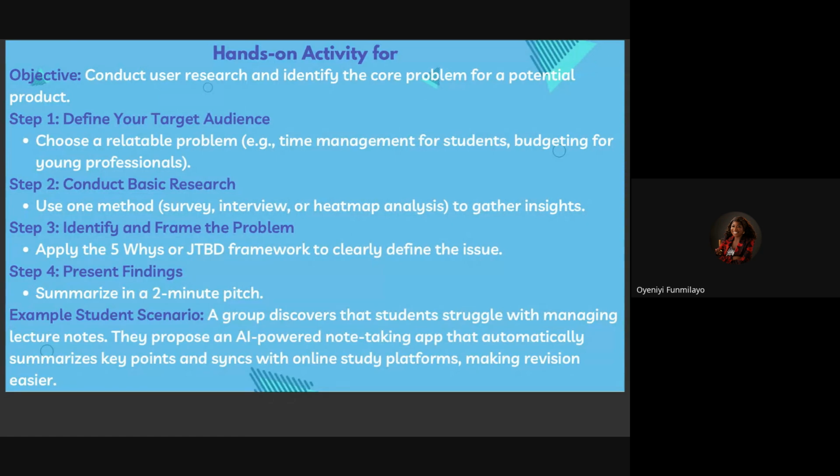They used the survey method to gather insights, then applied the 5 whys or the job to be done framework to frame the problem and come up with a possible solution, which was proposing an AI-powered note-taking app, right?